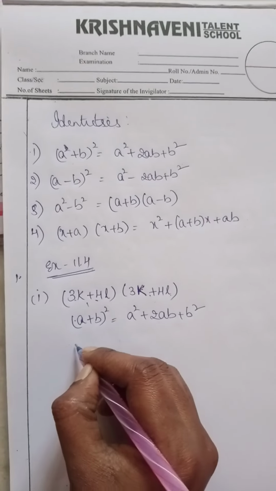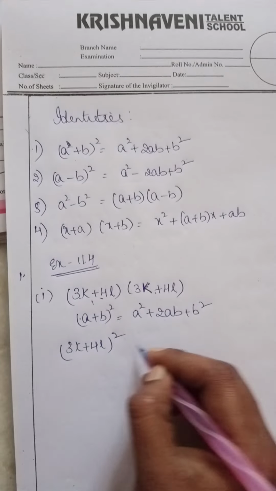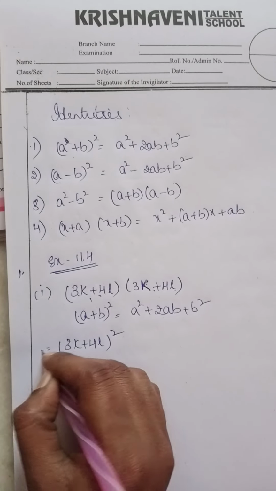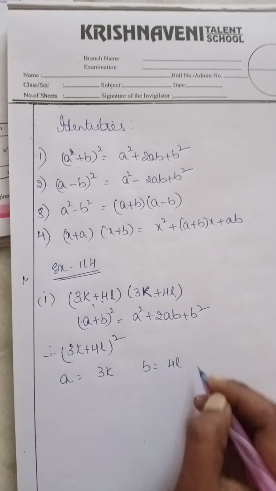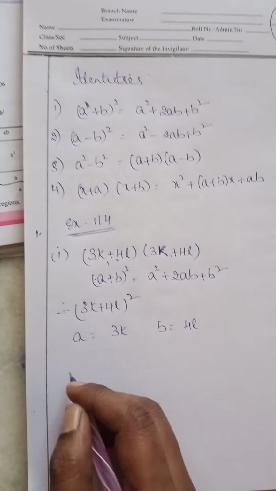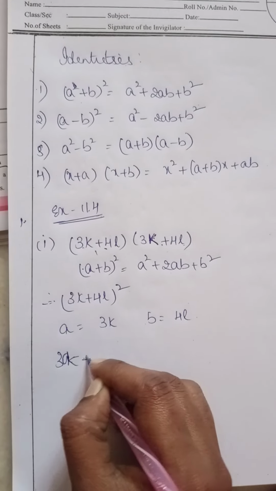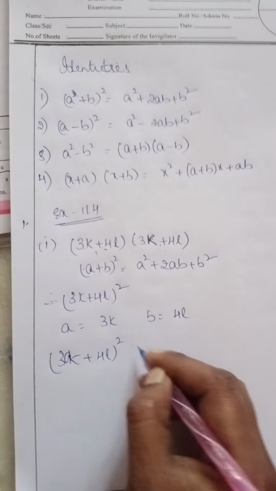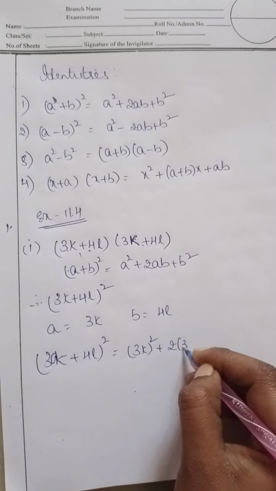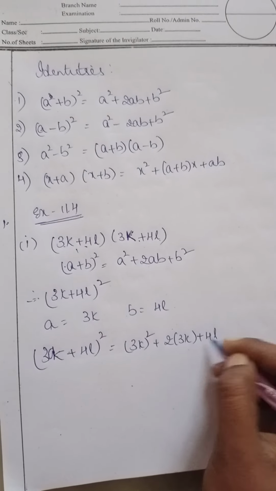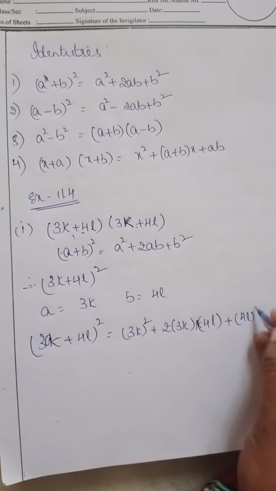Okay. What is a here? Suppose (3k plus 4l) whole square. Okay. What is a here? a equals 3k and b equals 4l. Now substitute these values in the given identity. Okay. (3k plus 4l) whole square is equal to (3k) whole square plus 2 into 3k into 4l plus, what is b? (4l) whole square.